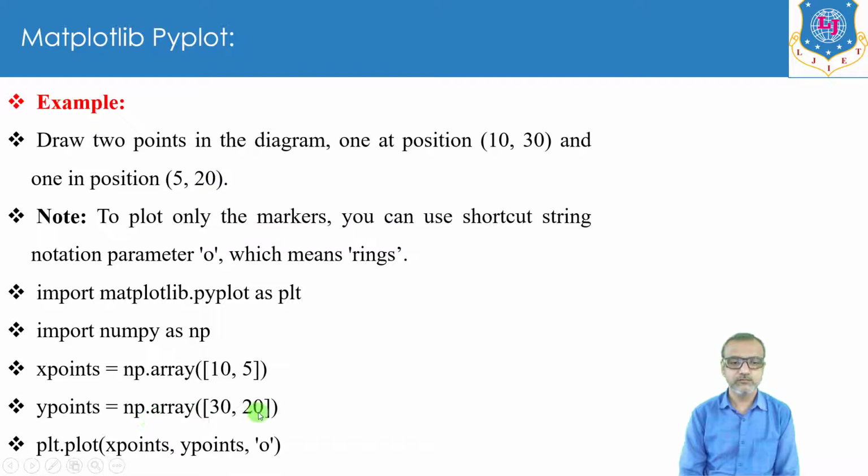Then plt.plot x points comma y points comma, additionally, we have written o over here. This means rings. So what will be the output in this case? We will have only these points in the graph. It means we are going to show the positions 10, 30 and 5, 20 in the XY plot only.